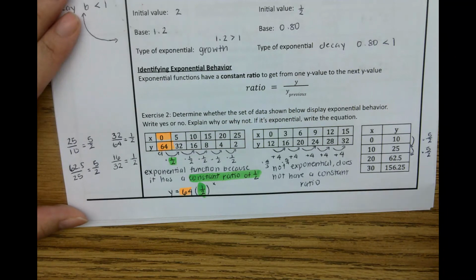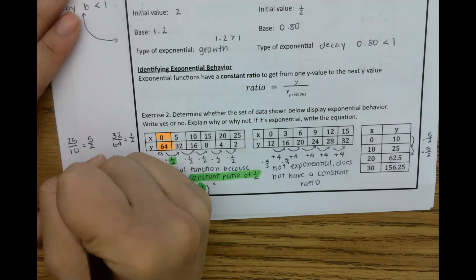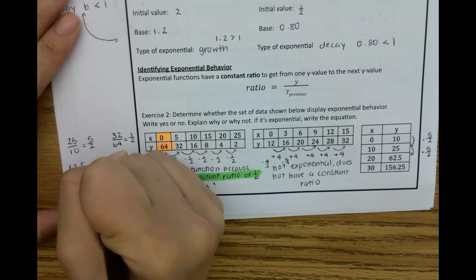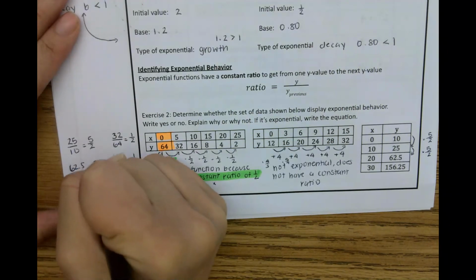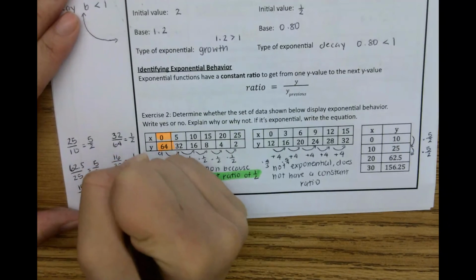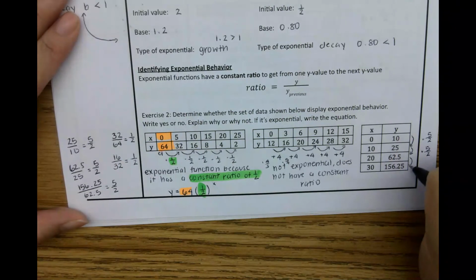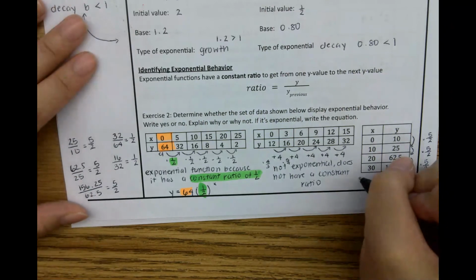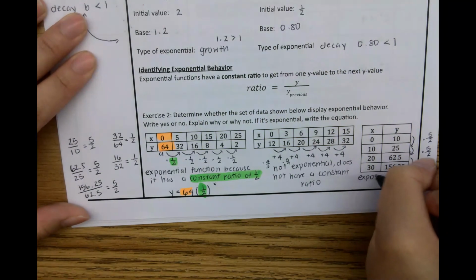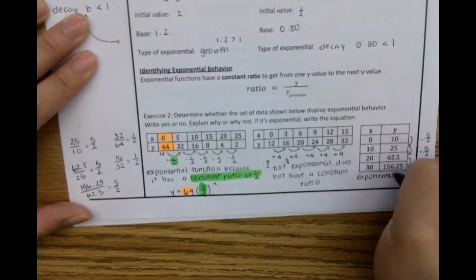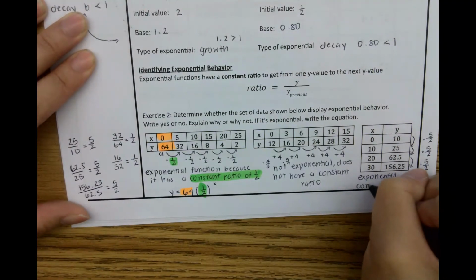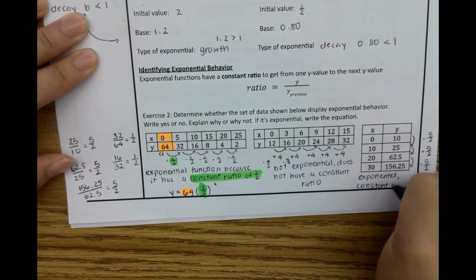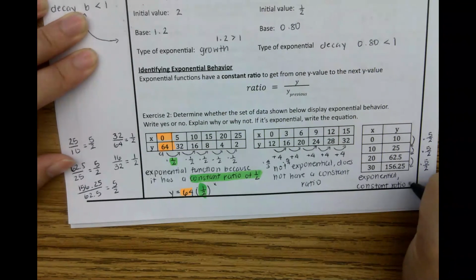Okay, and then to check it again, 156.25 divided by what happened earlier, 62.5. This also simplifies to 5/2. Okay, so here, each time to get to the next y value, I multiply by 5/2. So as a result, it is exponential because it has a constant ratio of 5/2.